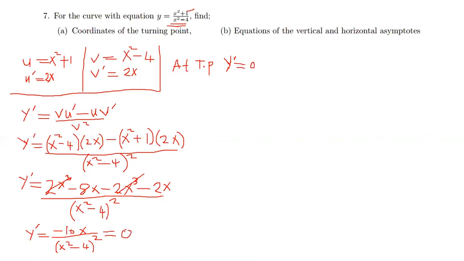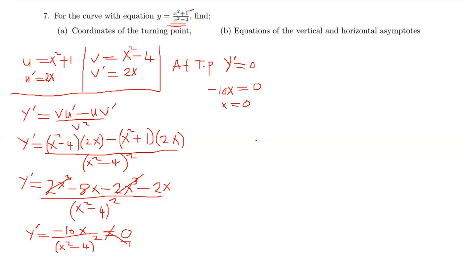And when we equate this to 0, it simply means that to find the values of x, we cross multiply here. So we're going to get negative 10x being equal to 0. So meaning the value of x there will just be equal to 0.